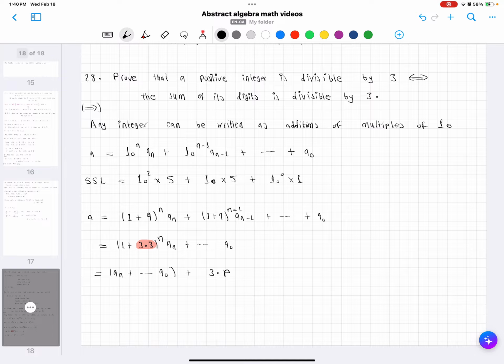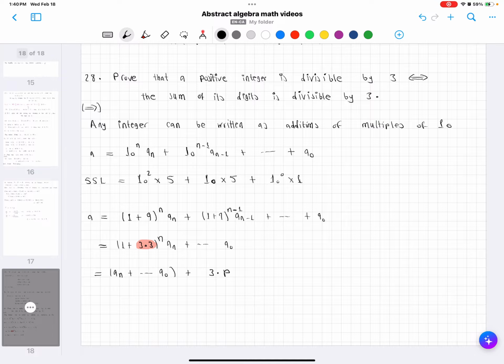So we cannot get that a_n plus all the way to a naught add up to things that are not a multiple of 3, because if it's bigger than 3, you can collect the things that fit into 3, and you can get the remainder.